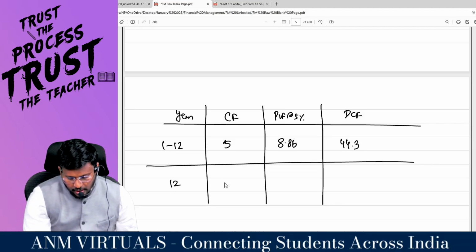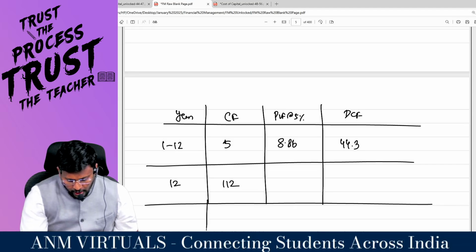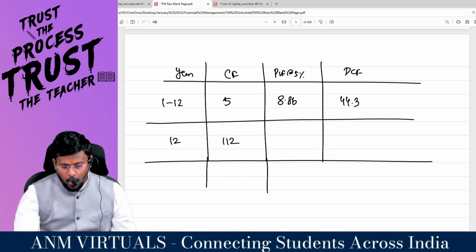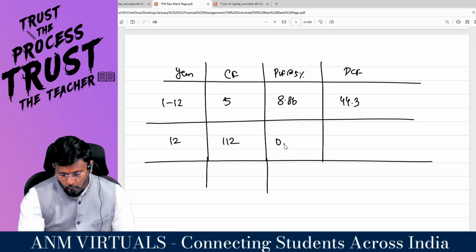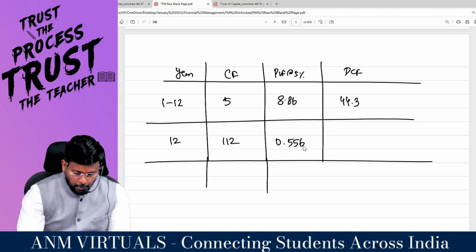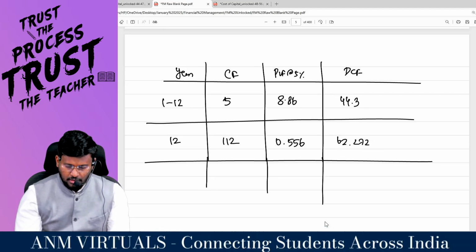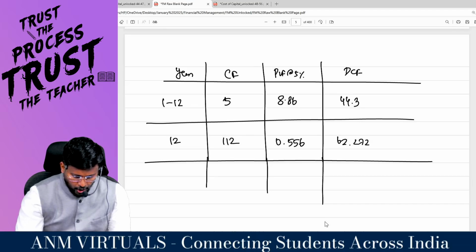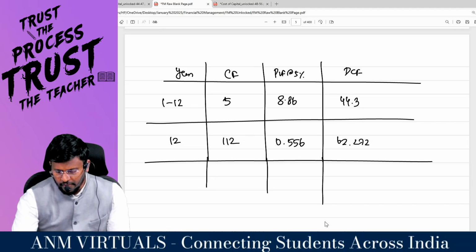Now on the 12th year, you will be getting 112 rupees. At a discounting factor of 5%, what is the present value factor for the 12th year? 0.556. So 0.556 into 112 is 62.272.